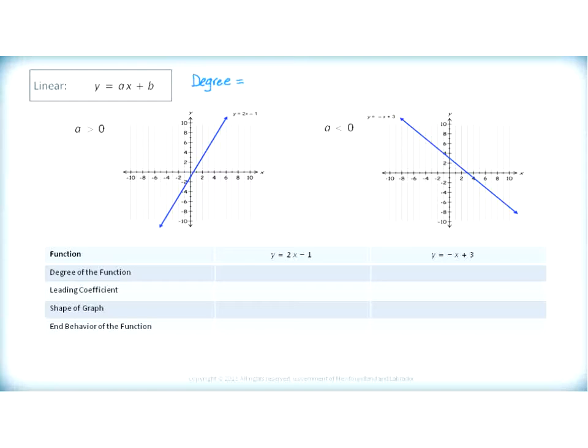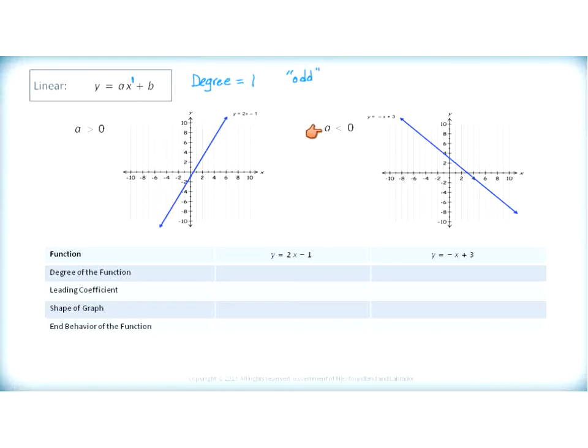And when you have ax, that's the same as ax to the 1. So we say that the linear function is of degree 1, which is of odd degree, since 1 is an odd integer. In the two examples, we have a greater than 0, where the line slants upward to the right.